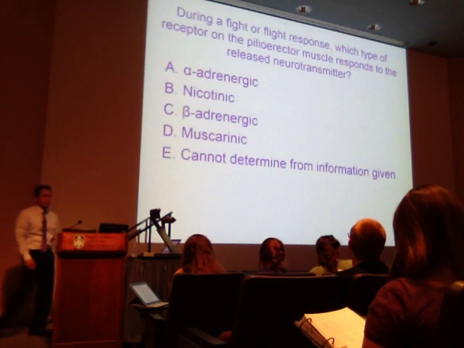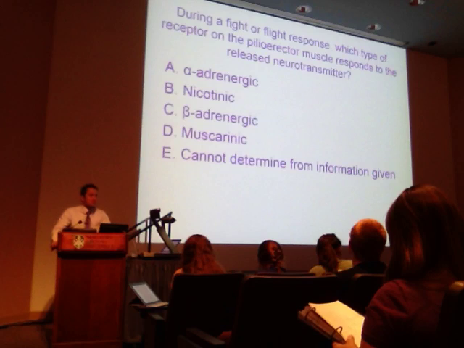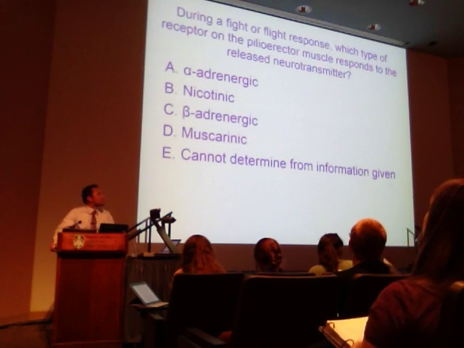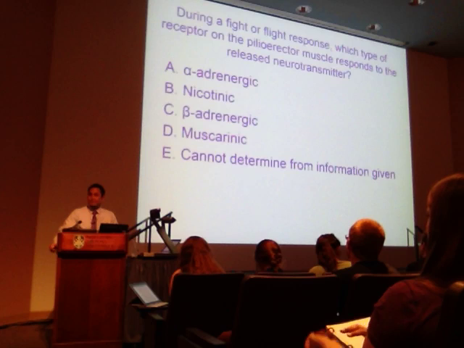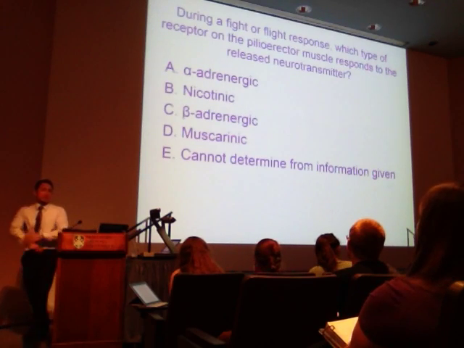So, during a fight or flight response, which type of receptor in the piloerector muscle responds to the neurotransmitter? What's the piloerector muscle? The muscle that goes where? Smooth muscle. And what? It's around hair. Like on your, it's what gives you goosebumps and makes your hair stand up.